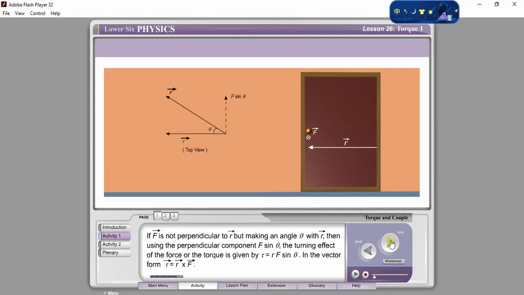If F is not perpendicular to r, but making an angle theta with r, then, using the perpendicular component F sine theta, the turning effect of the force or the torque is given by tau equals Rf sine theta.